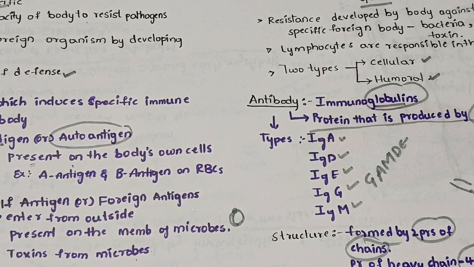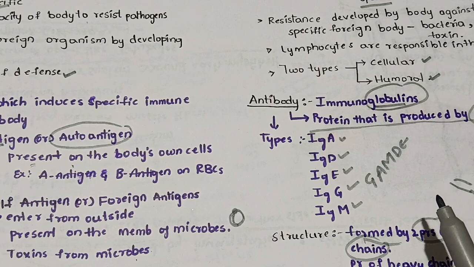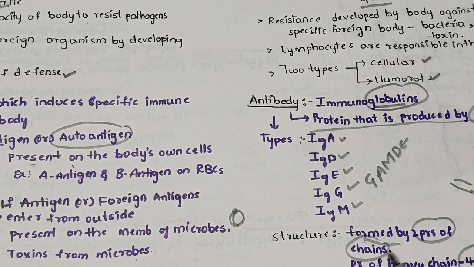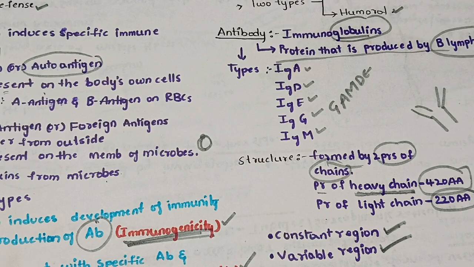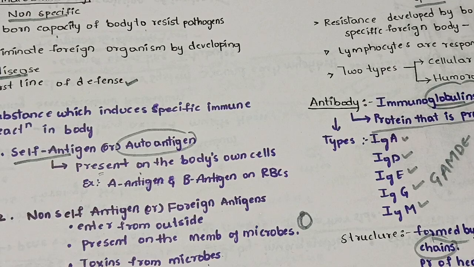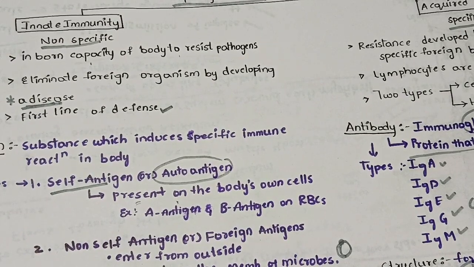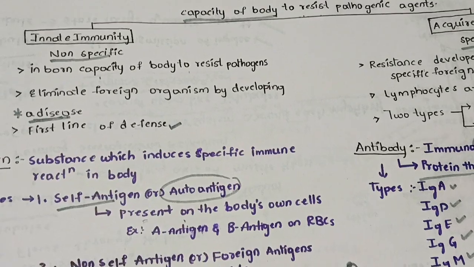There are five main types: antibody A, D, E, G and M. The structure contains two pairs of chains, a pair of heavy chains with 420 amino acids and a pair of light chains with 220 amino acids, with a constant region and a variable region. This is the basic concept of immunity. Apart from this, we will discuss cellular and humoral immunity, the types of acquired immunity, in further classes.